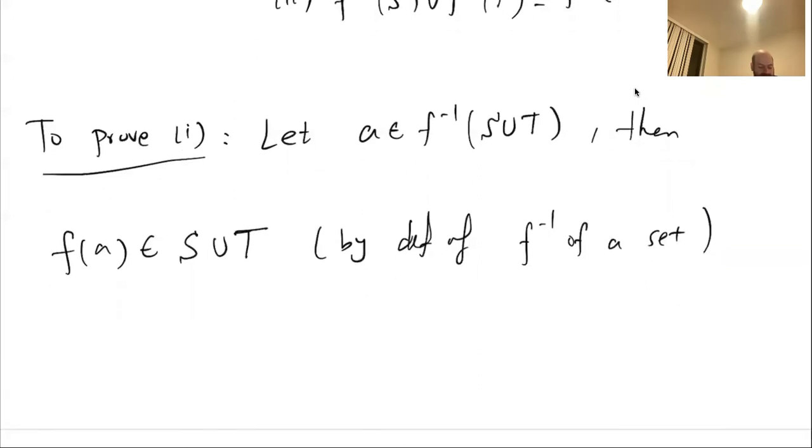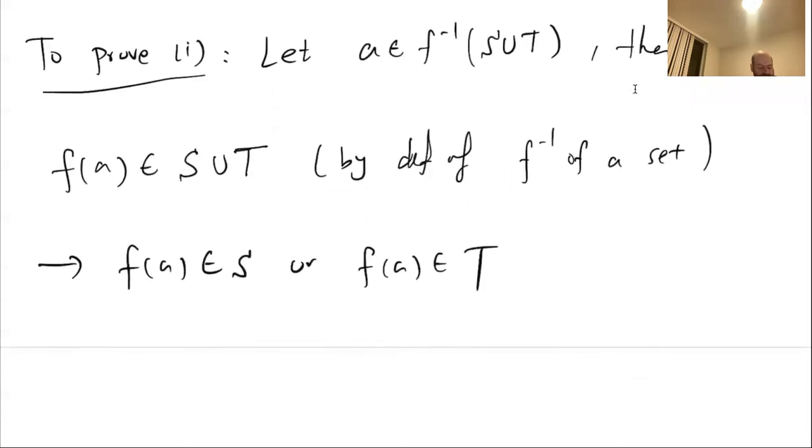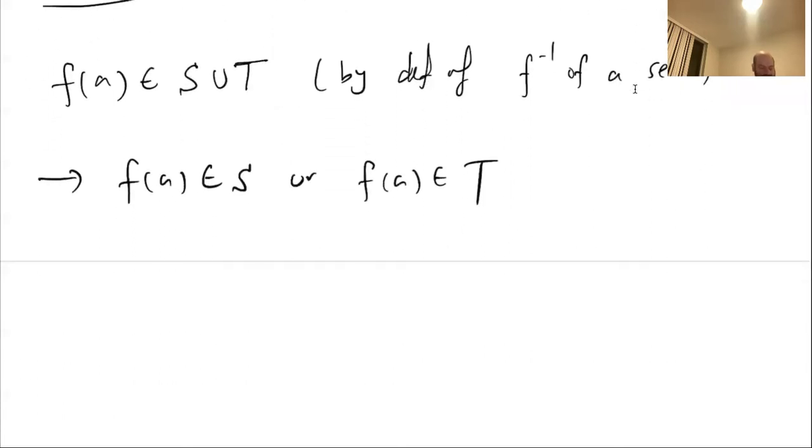So we can say f of a belongs to S or f of a belongs to T. Now, if f of a belongs to S, what does that mean?